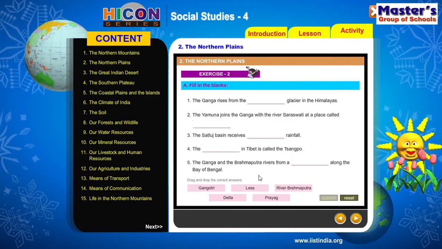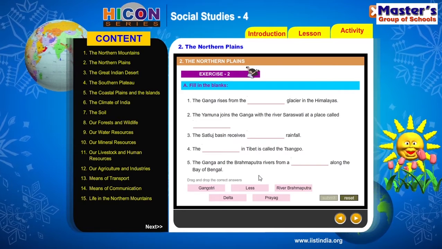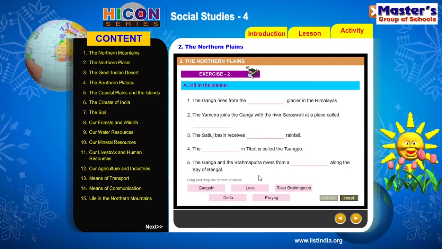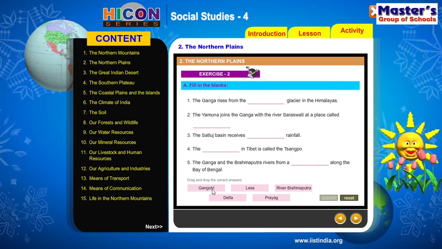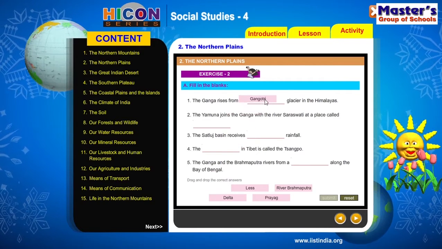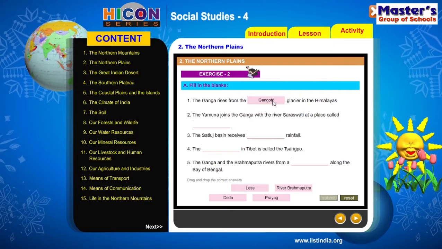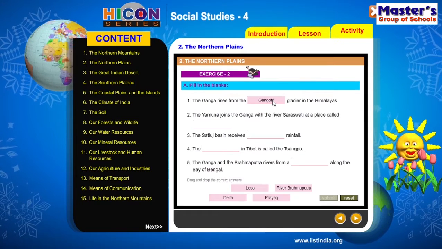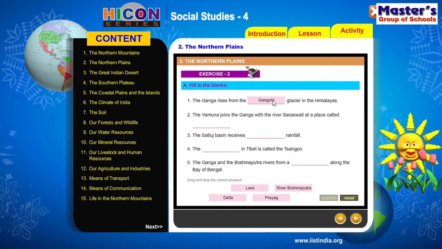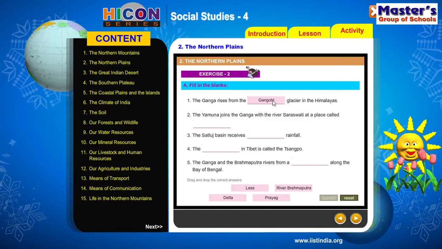So what was the name of the glacier from which the river Ganga originates? Yes, that is Gangotri. Gangotri is the name of the glacier from where Ganga rises, right? So the Ganga rises from the Gangotri glacier in the Himalayas.